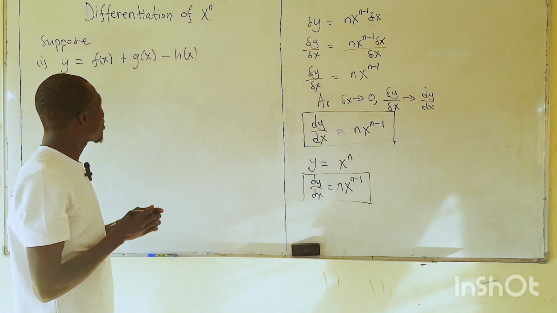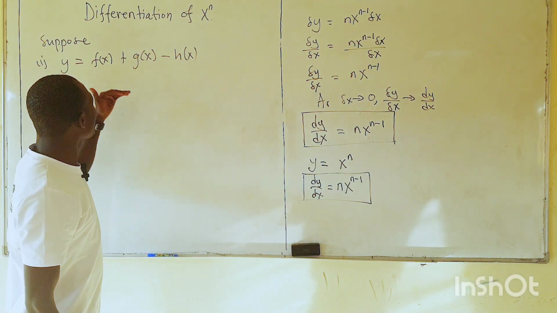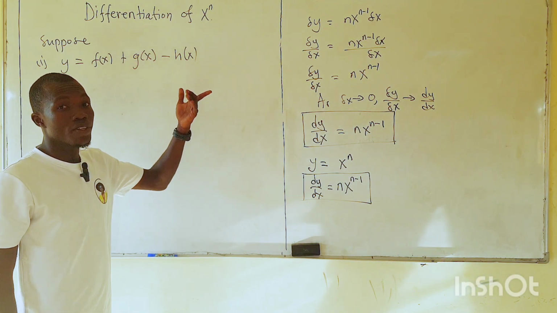What do we do if we are differentiating such a combined function, f of x, g of x, h of x?